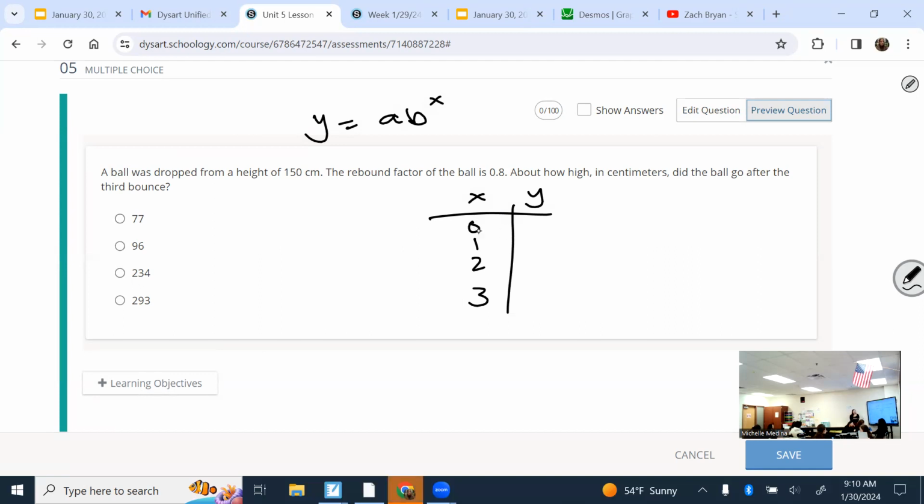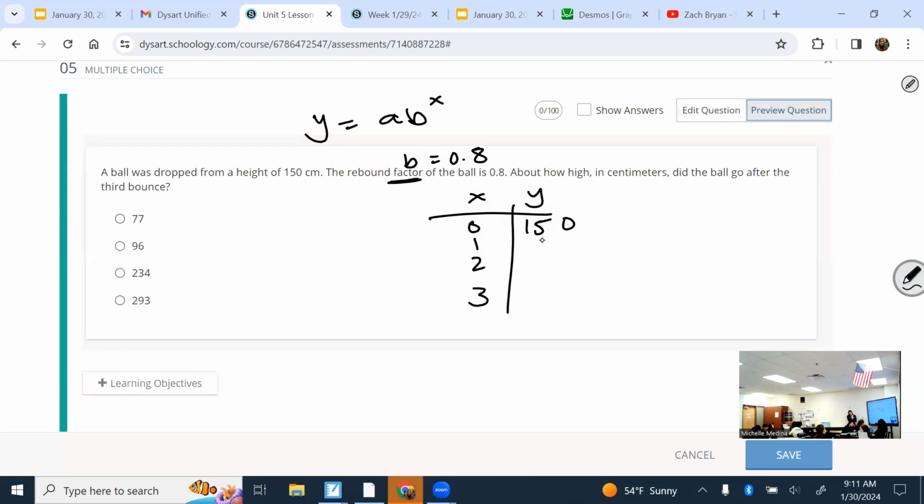So what was the height that it started at? 150. And it says the rebound factor, remember factors are things we multiply, so that's like my B value essentially, is 0.8. So to get to the next number, I have to times it by 0.8.